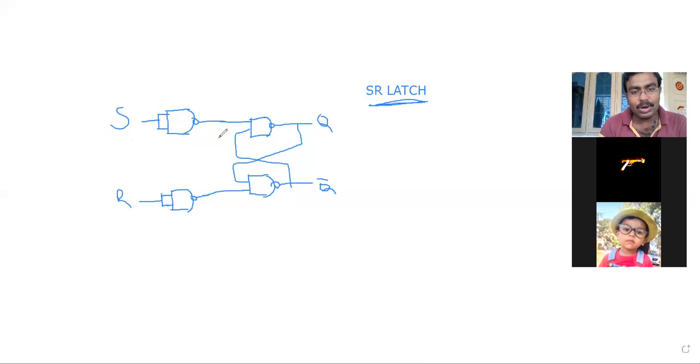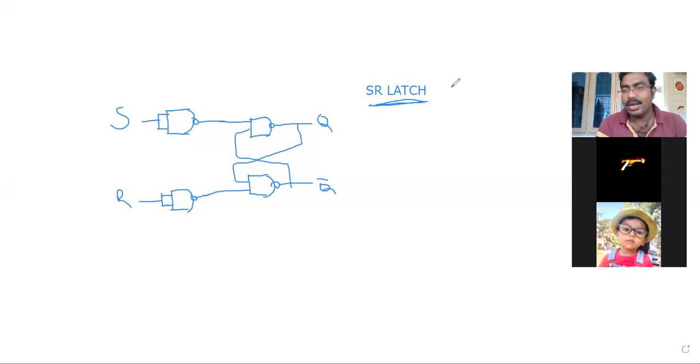Look at here. This is called an SR latch. Since we have two inputs named S and R, set and reset, we are calling it an SR latch, guys. I told you in previous classes when we started with sequential circuits, a sequential circuit can produce an output based on its inputs, and also depends on the previous history, the previous output.